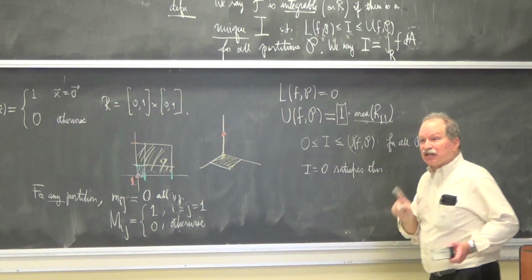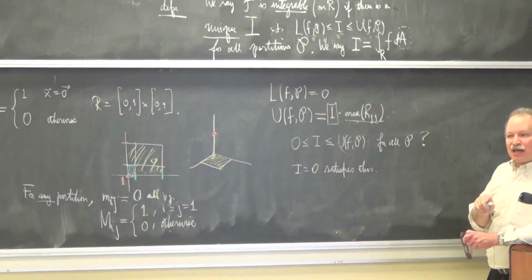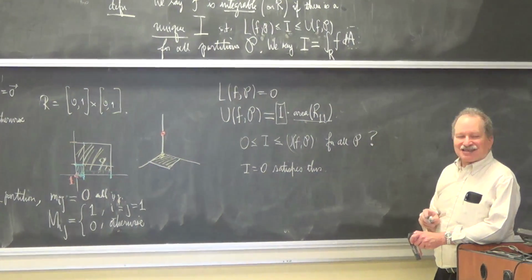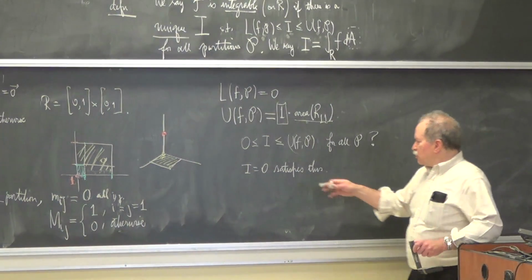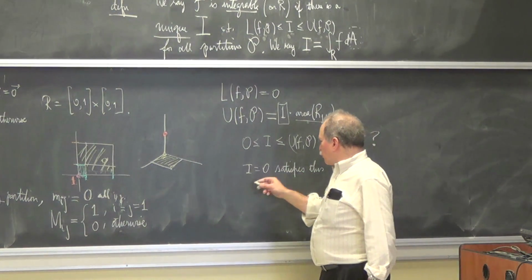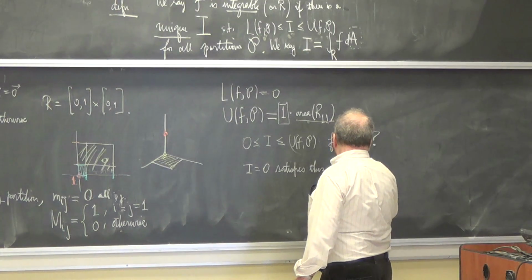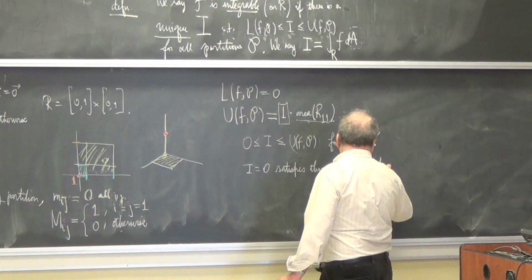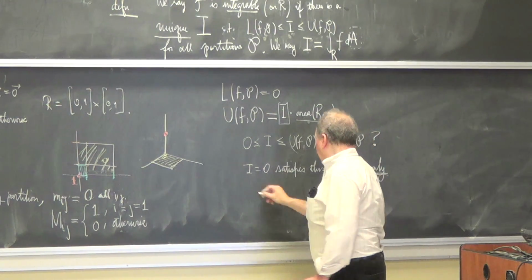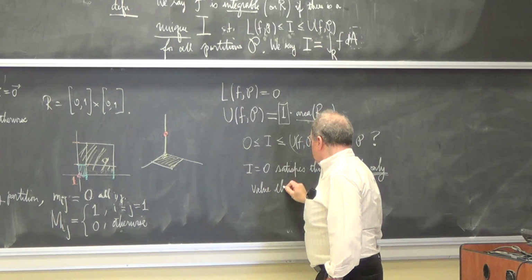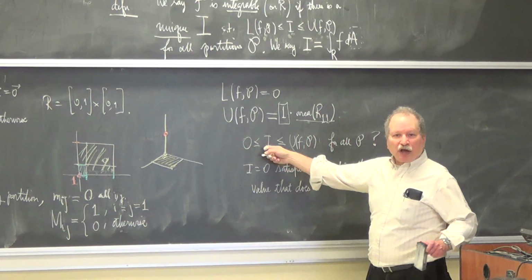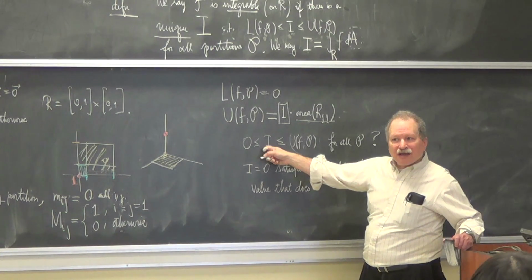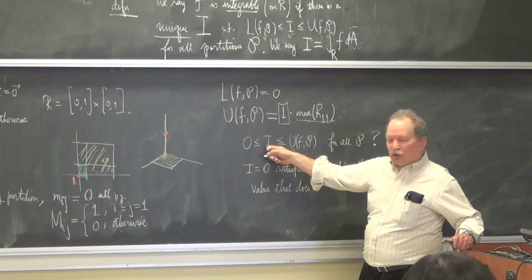And I'm saying it's the only number that does. I'm claiming moreover that 0 is the only value that does. If you picked another number like 0.00001, would this hold?